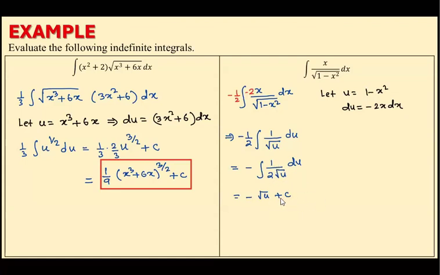That's my answer, but not the final answer. I need to resubstitute the value of u. So this will be negative square root of, the value of u is 1 minus x squared, and then plus c. So that is the answer to this one.